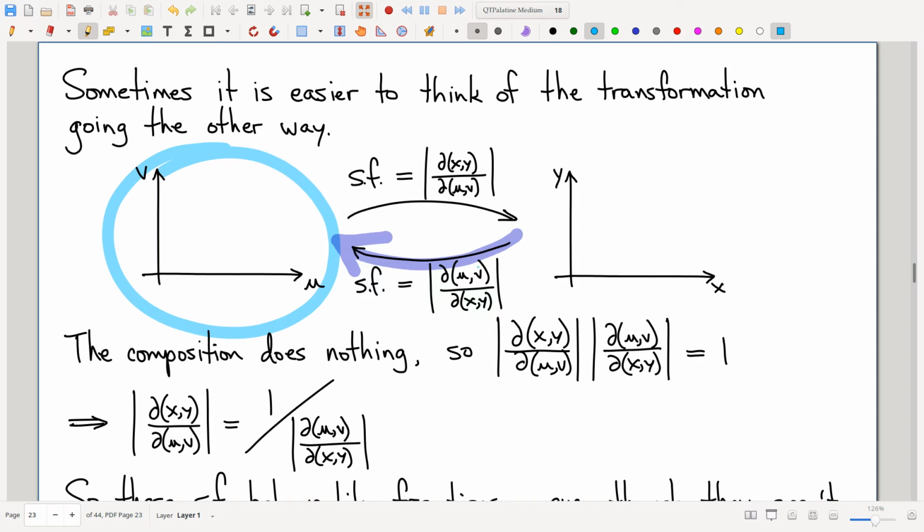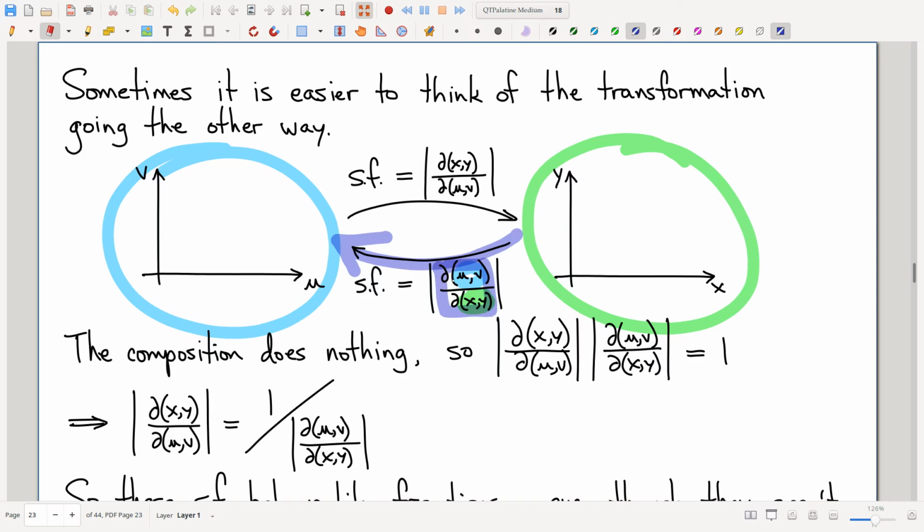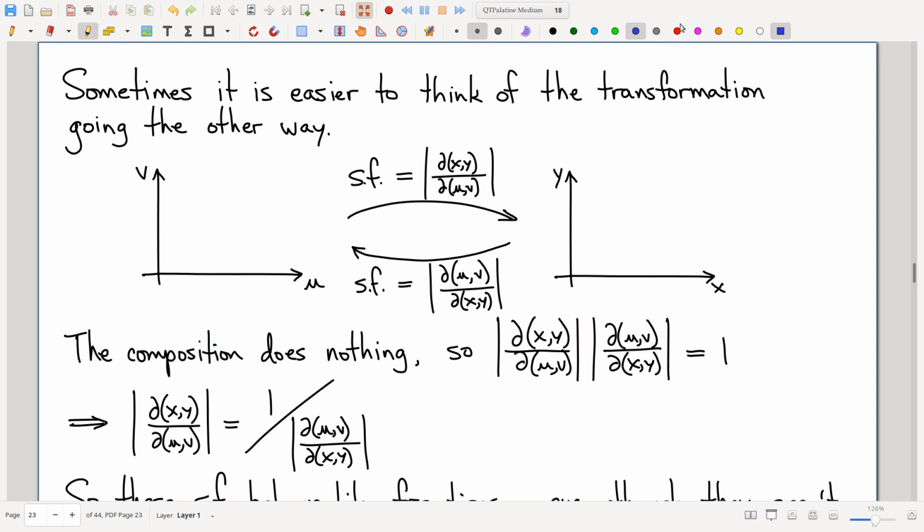So if I want to know the stretching factor, I take the partial of the outputs, now U and V, with respect to the inputs to my inverted change of variables function, now x and y. And again, you'll notice I'm using this shorthand notation. Now the cool observation to make is that if you look at a function which is the composition of those, nothing happens.